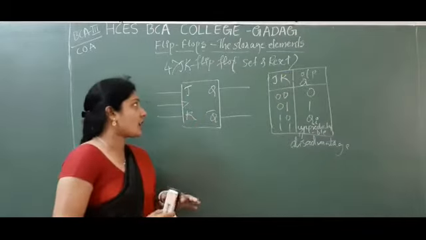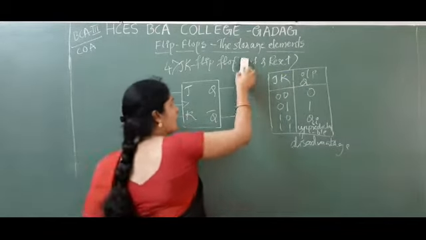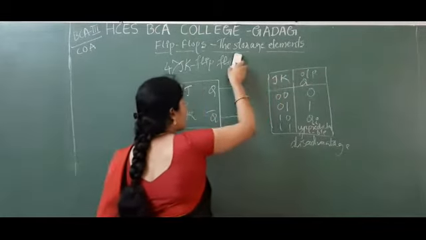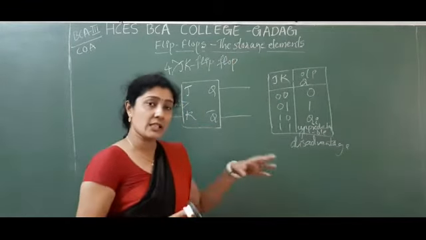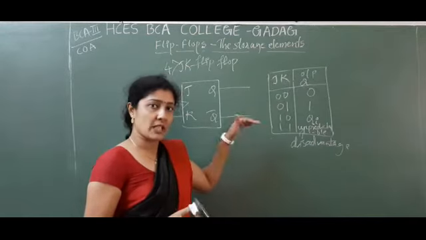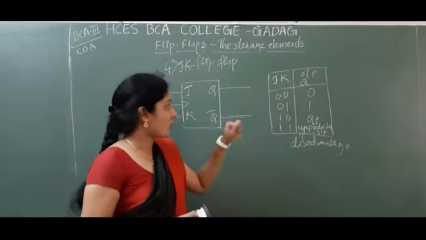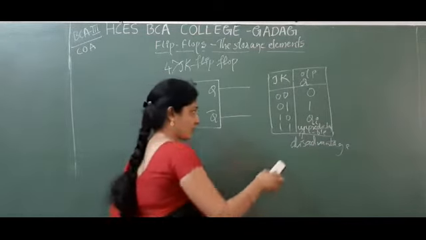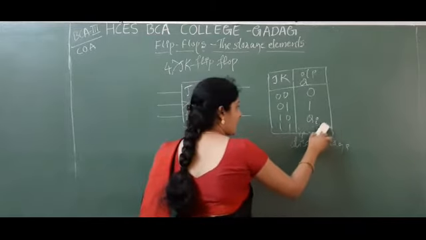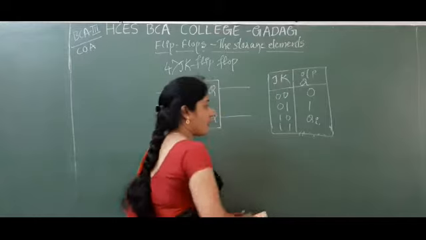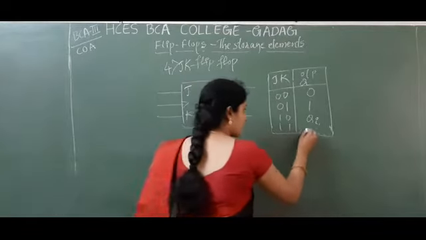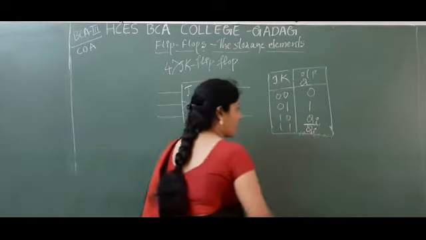See, JK and SR, there is not much difference between these two. The only difference, as I told you, is that JK flip-flop has been made to overcome the disadvantage of the SR flip-flop. So what is that disadvantage? This one. In case of SR, this state is unpredictable, whereas in case of JK, it is Q bar.